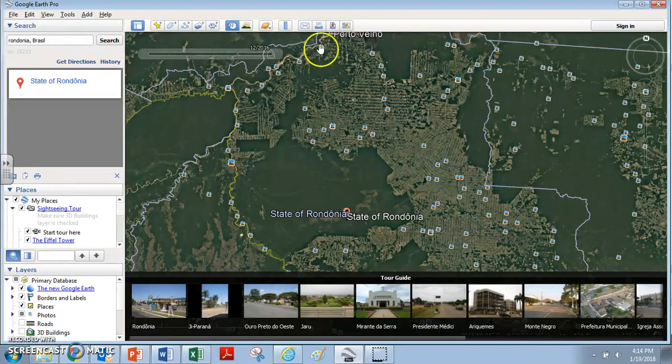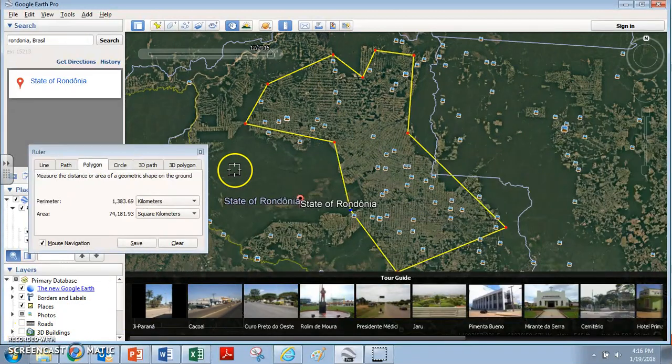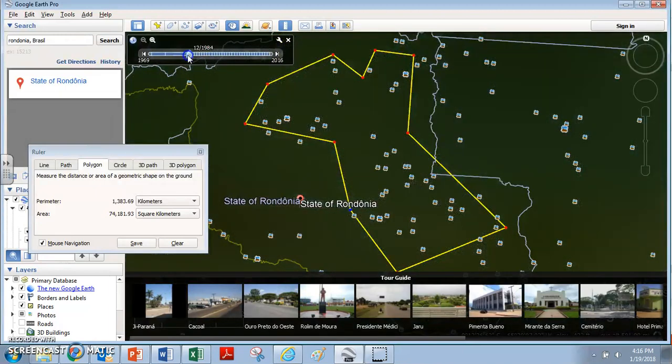Well, not so fast, because if we use our ruler, this is actually about 430 miles across. There's no city on Earth that is that big. So this is actually a really, really large area, and we can even figure out the area. I can use this neat little feature in Google Earth called Polygon to estimate the area of this change, and it says 74,000 square kilometers, a really fantastic change from 1984 to today.